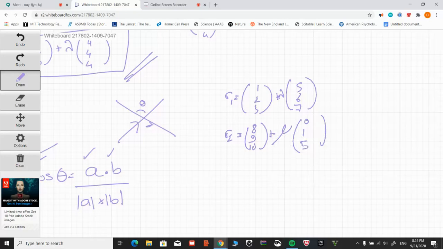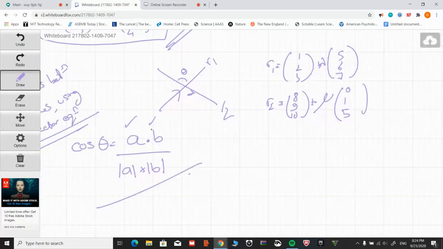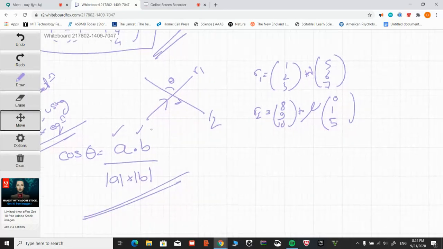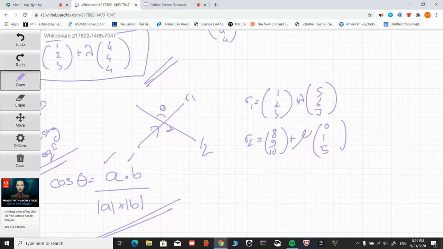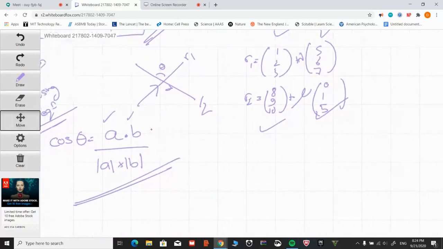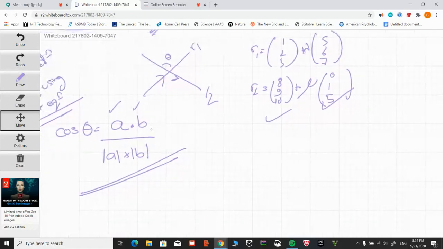I have given you two vector equations of two different lines, R1 and R2, and I ask you to find the angle between them. Now you've just learned this formula and you're confused, because there are four vectors here. Which two will I be using to find the angle?